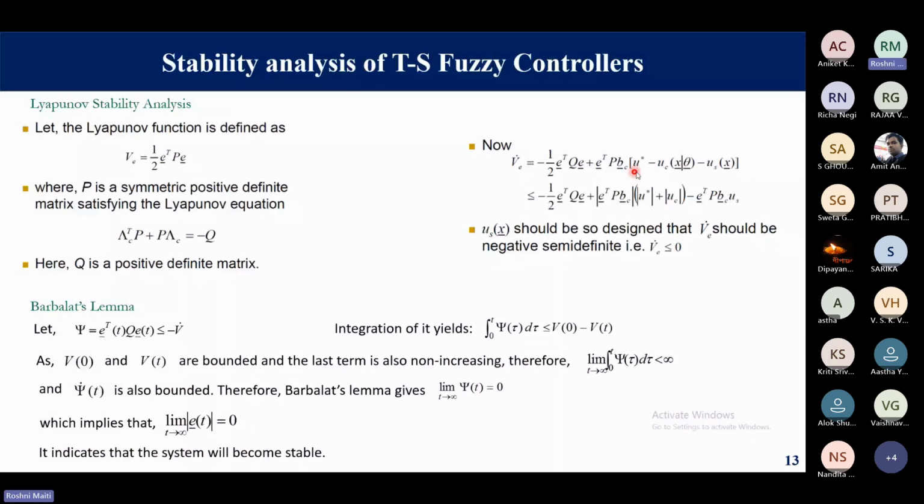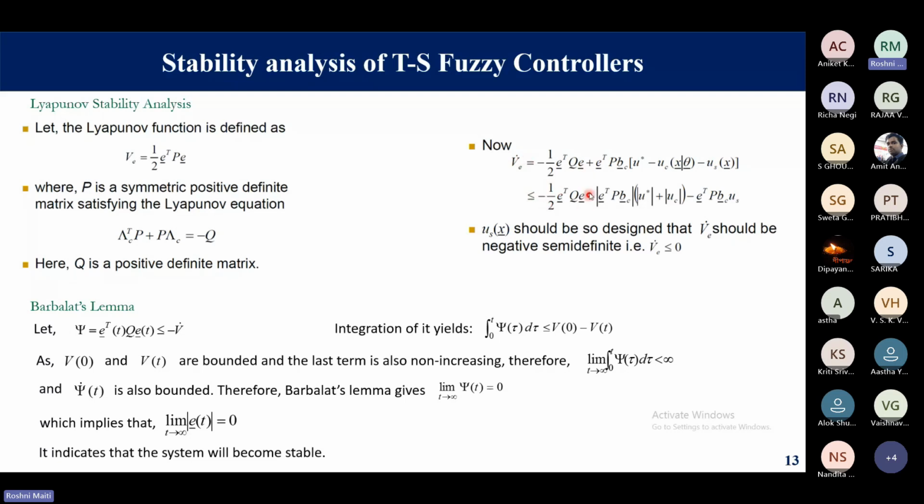Ultimately we have seen that if we can make these two terms equal and find some condition from that, then we will be left with only this term. So V dot should be less than or equal to minus half E transpose QE.